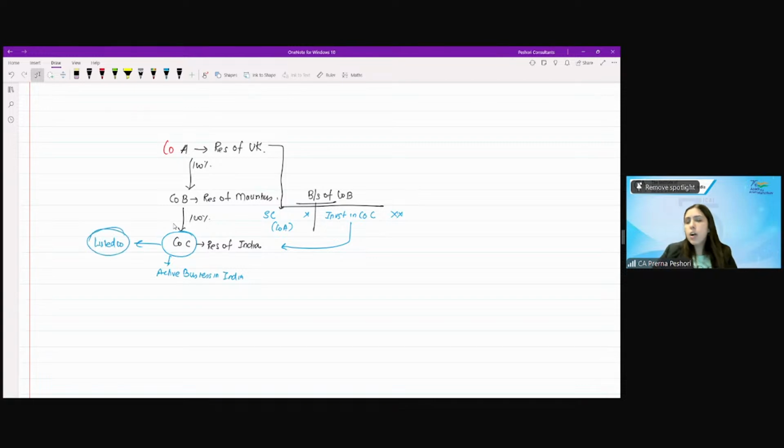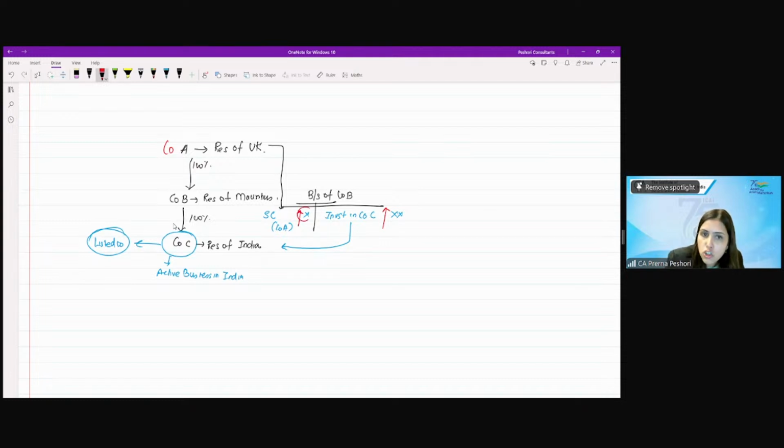Right? Now, as the company C will perform better, what will happen? The value of this investment will start growing. And if you convert the balance sheet to the fair market value, the value of this share capital will also start growing. Right?